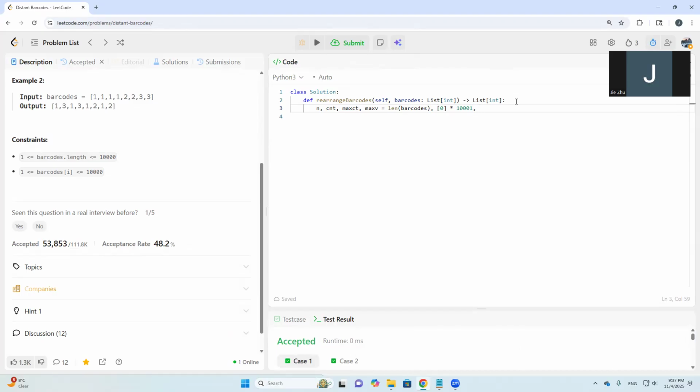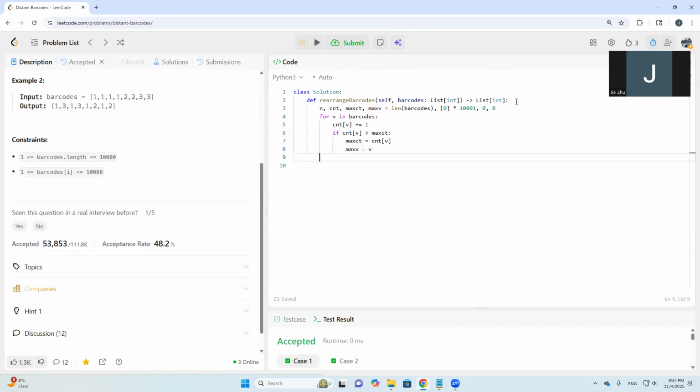Max count is set as zero, max value is set as zero. For v in barcodes, count[v] increases by one. If count[v] is greater than max count, then max count equals count[v] and also max v equals v.